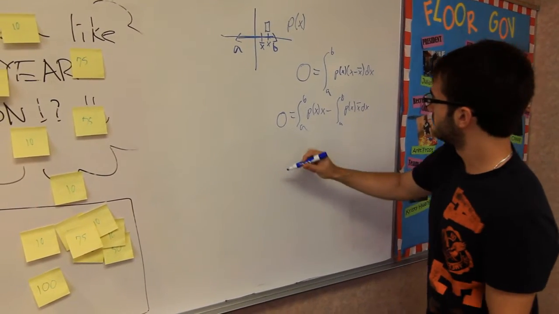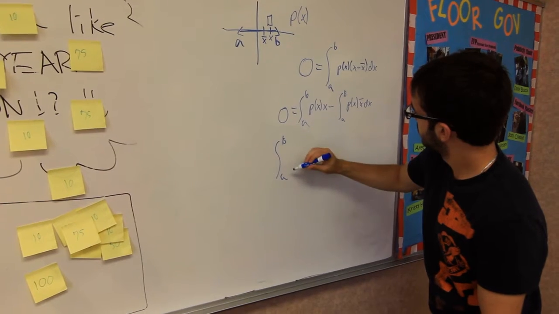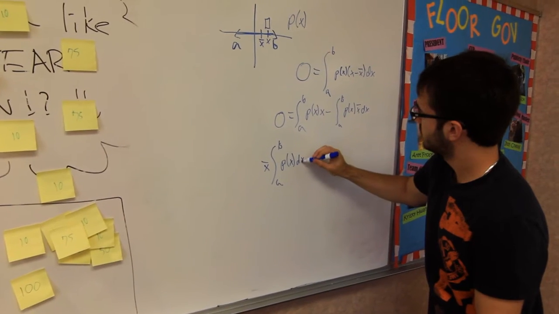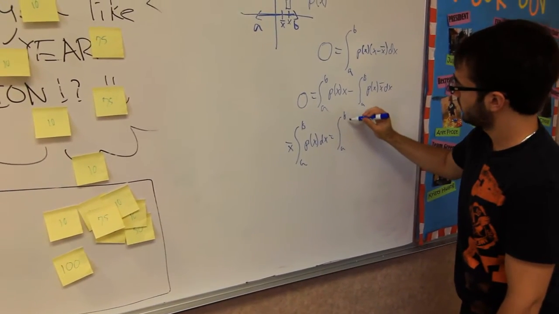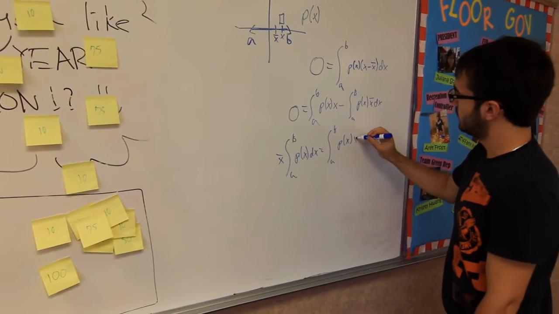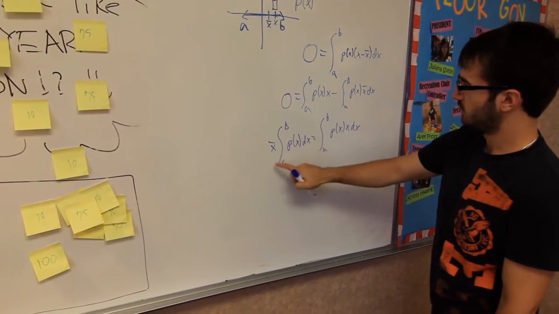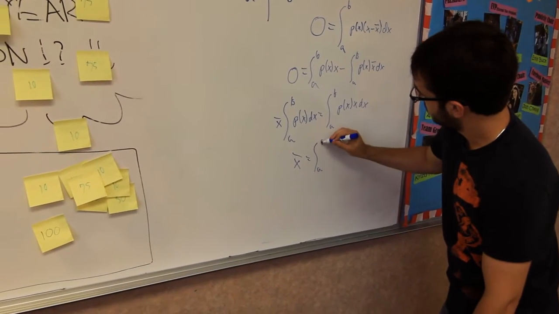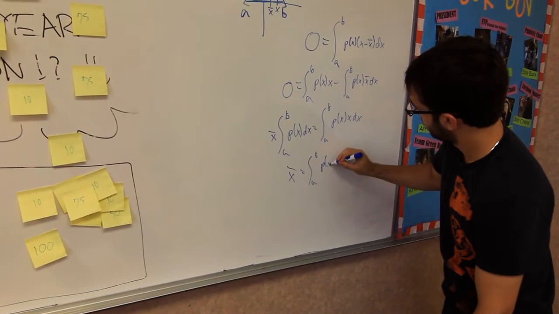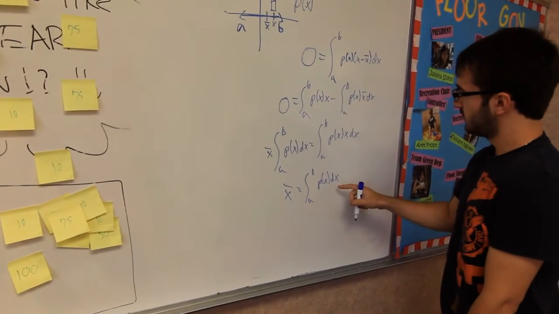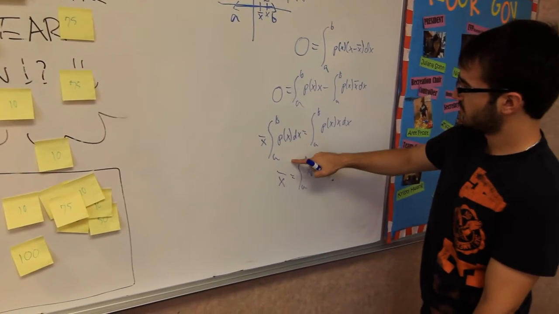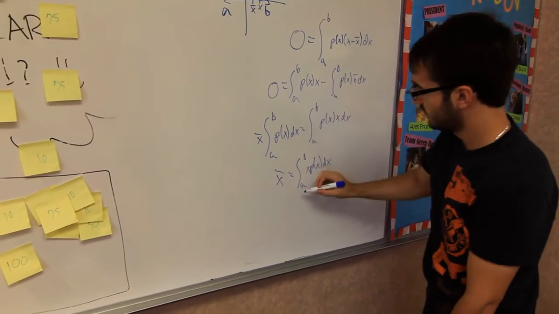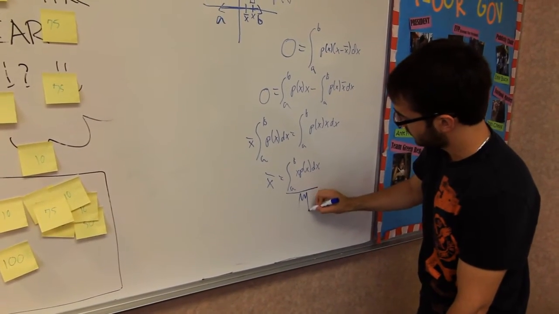We're going to bring this all over here, so we have a to b, x bar rho of x dx equals a to b rho of x times x dx. Divide, so we just get x bar, and we find that x bar equals a to b rho of x dx, and finally x. Notice that this here, integrating across a to b of rho of x, is simply the mass. So all of that divided by the mass.